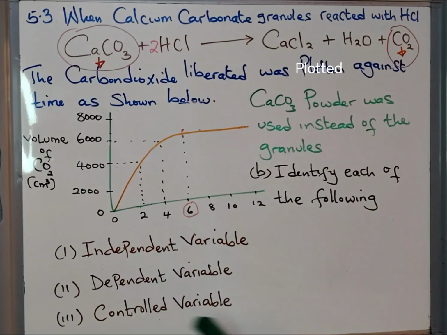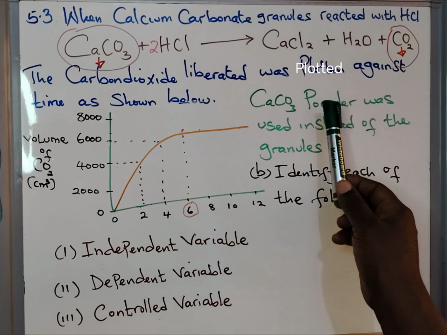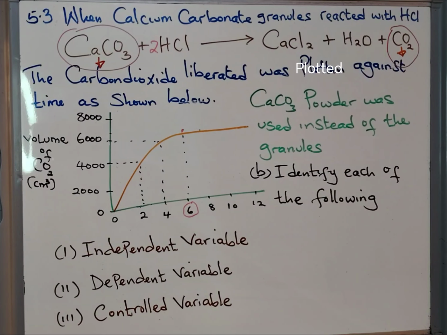So what are we changing in this experiment? We are changing from calcium carbonate granules to calcium carbonate powder. And that change is a change of surface area. So the surface area is the independent variable.